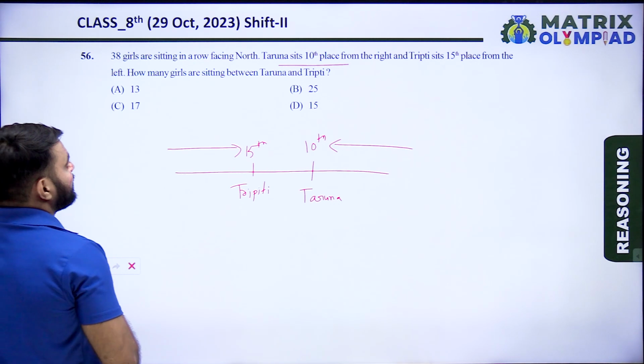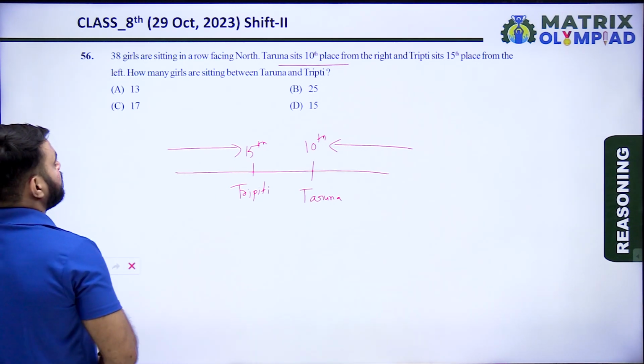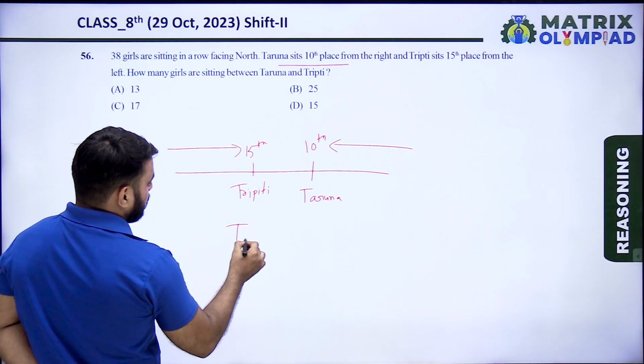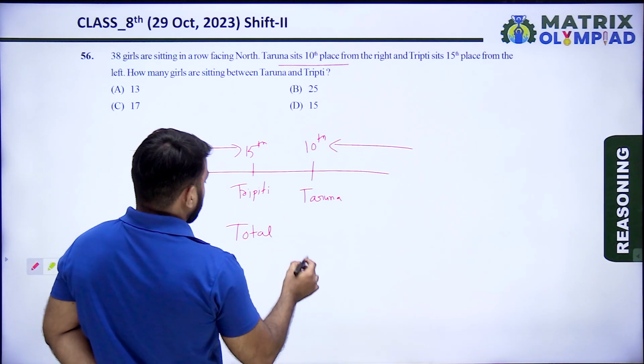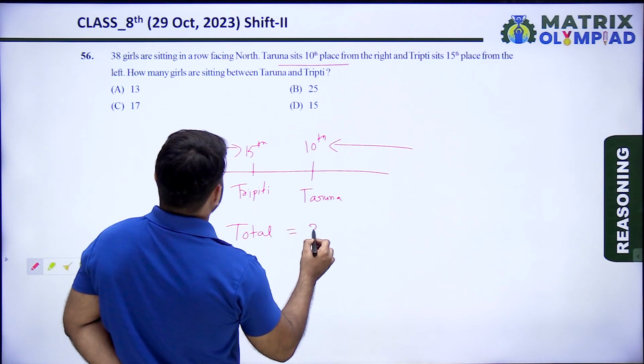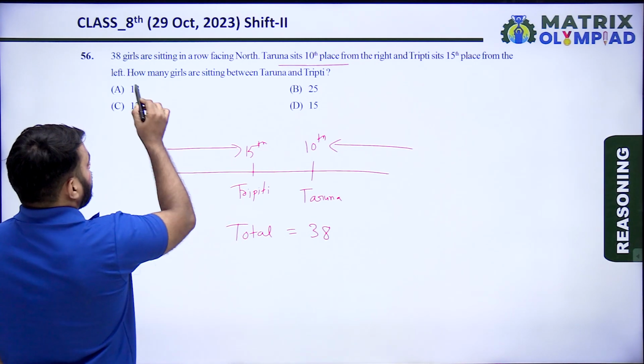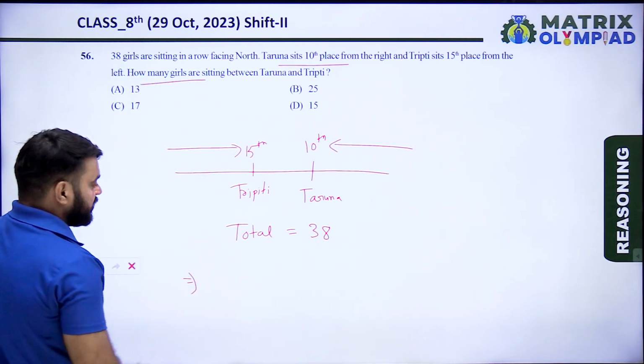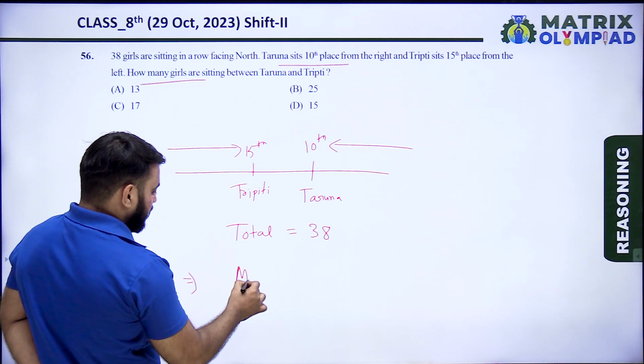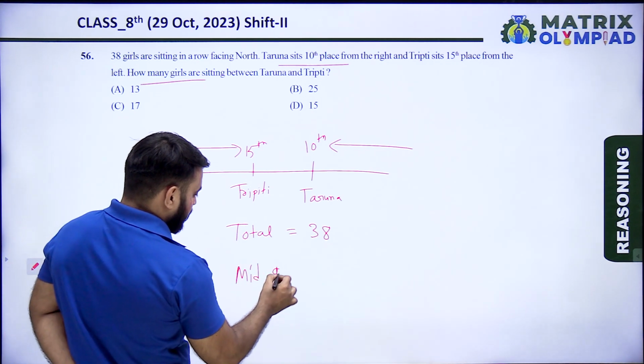And given total girls is equal to 38. So find the number of mid girls between Taruna and Tripti.